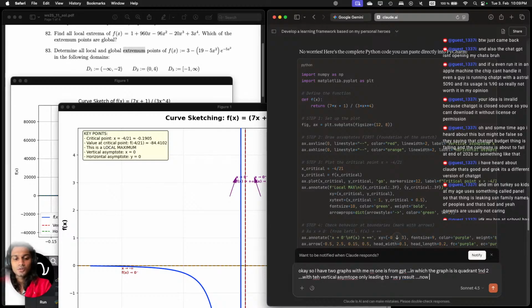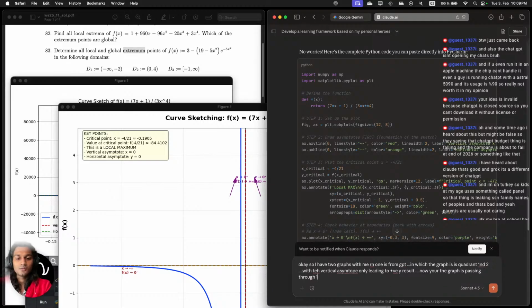Now yours, the graph is passing through first and third quadrant. Let me know which one makes sense.